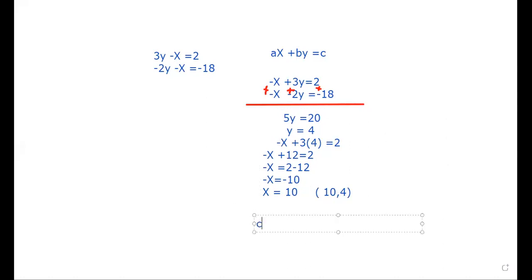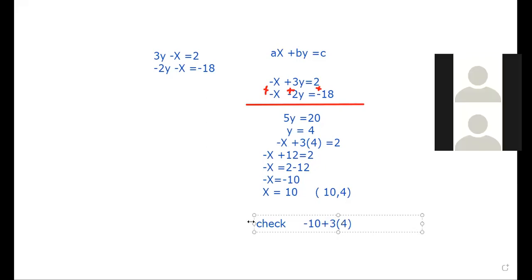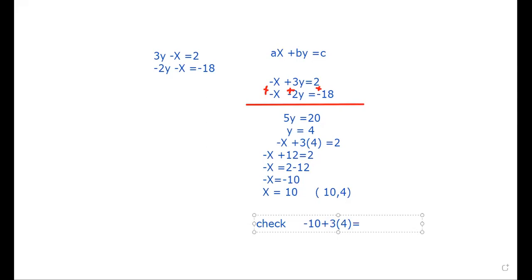For the first equation, it will be negative 10, remove x and put its value, plus 3 times 4, this is equal 2.